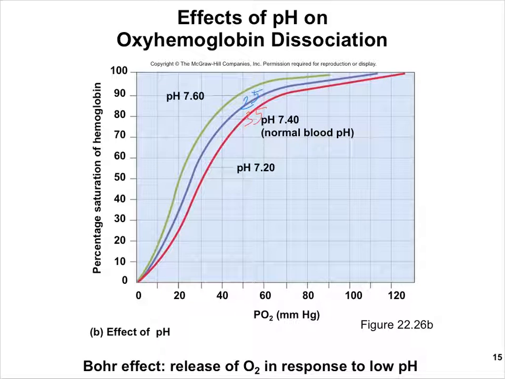What if you go the other direction? Let's say that you go to a more basic blood. What could cause a more basic blood? Well, there are several pathological conditions that could, but generally speaking, your body's more likely to make acid than it is to make base. Your body doesn't make very many bases. It makes CO2. CO2 is an acid. The only thing that's commonly going to make your blood more basic is getting rid of too much CO2.